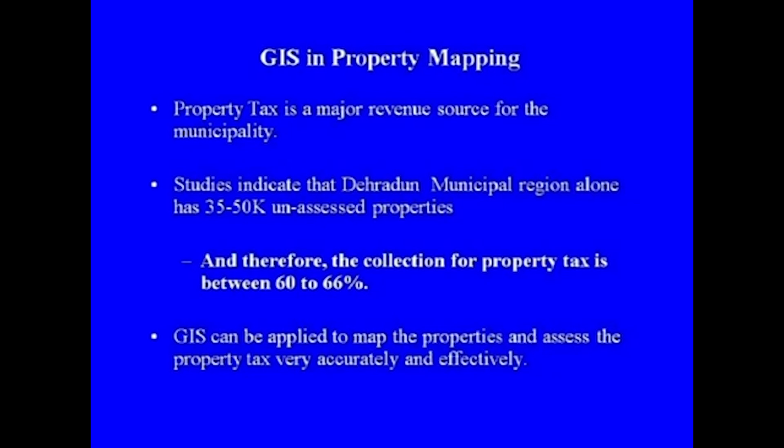In this study, we are focusing on the Dehradun municipal region, where studies indicate that more than 35 to 50,000 unassessed properties are existing as per last report, and thus the collection of property tax is only between 60 to 68% of the estimated target goal. GIS can be applied to map the properties and assess the property tax very accurately and effectively.